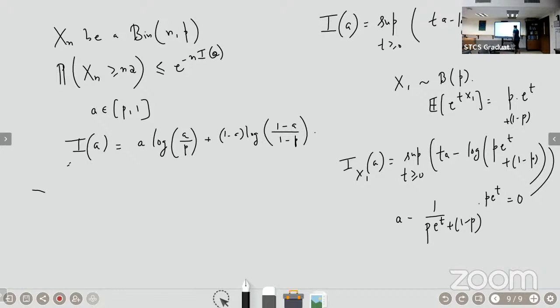Then we say what a times is only e to the power t. This is good. P also is common.